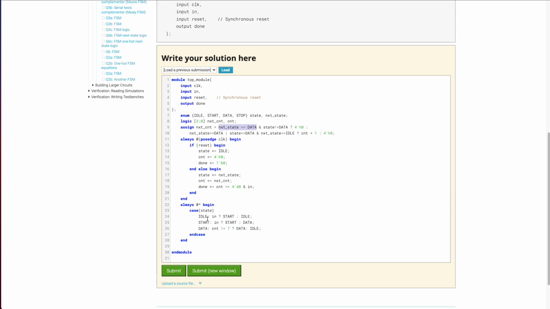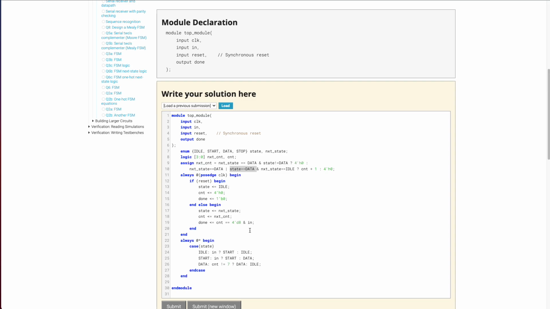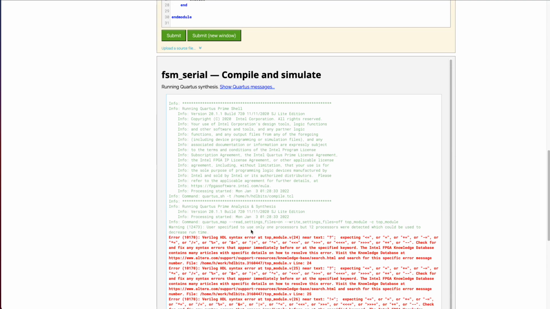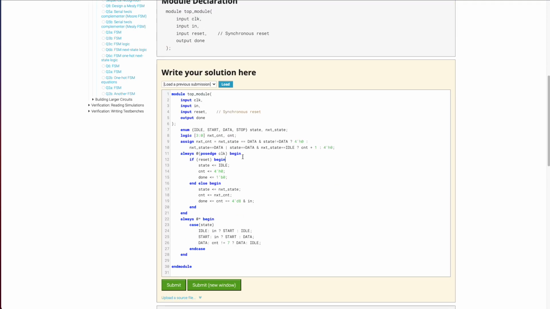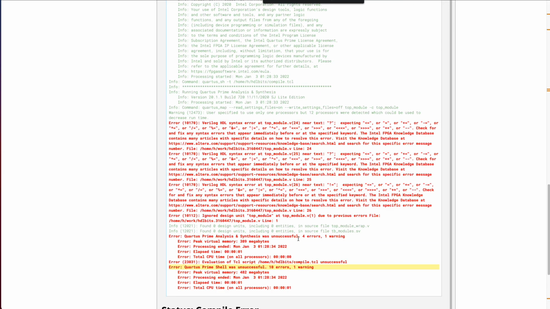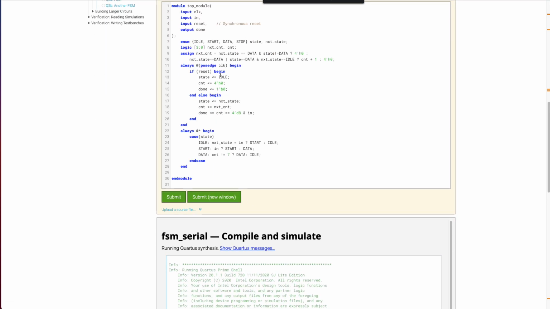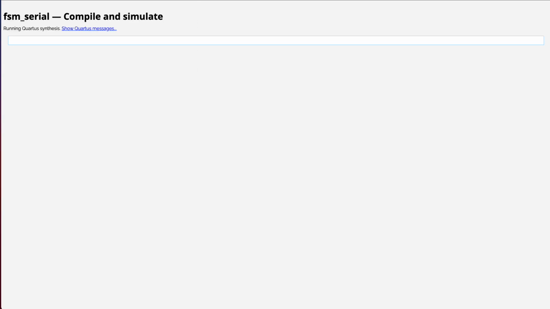This idle can only go to start. This can't be true, and this won't be true. Oh, I need to assign output, which, oh, yeah. Line 24 has some issues. Ah, okay, whatever.